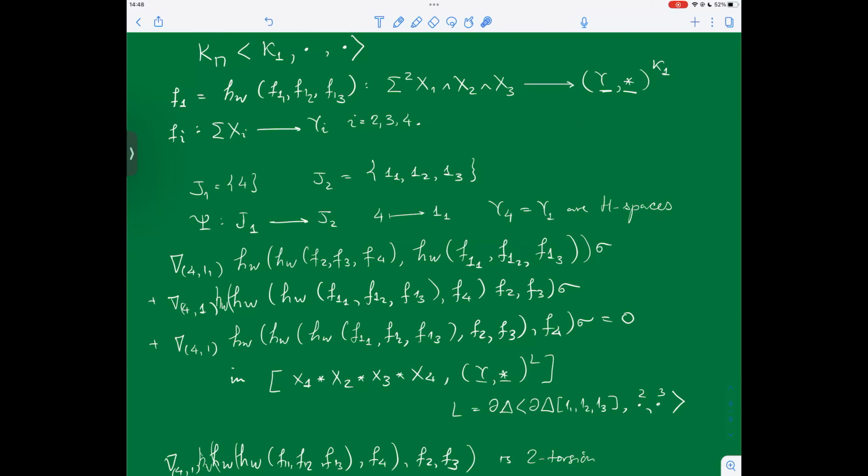And do you have some kind of general idea when this torsion element appears? Like how it's related to having repetitions in these iterated Whitehead products? When you have a repetition of indexes, does it necessarily imply that some torsion element appears? No. You can have many examples where you have repeated vertices, but the torsion doesn't appear.